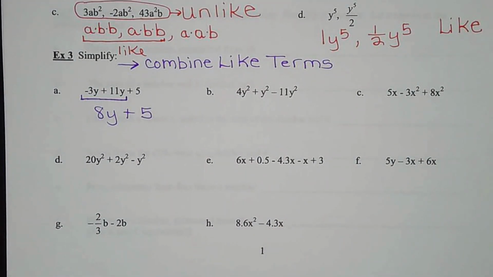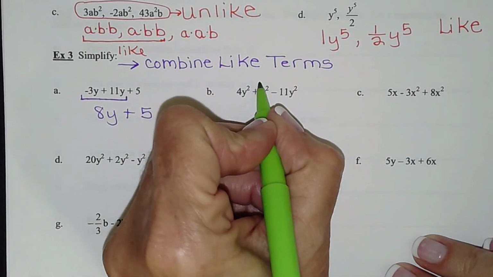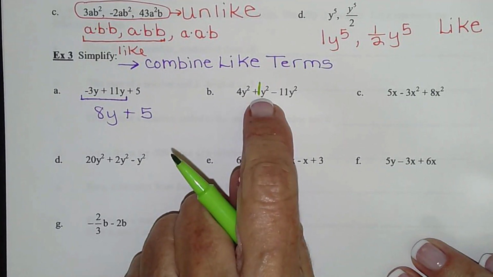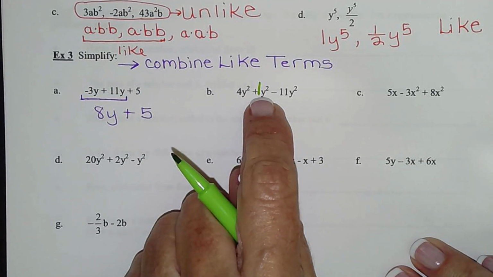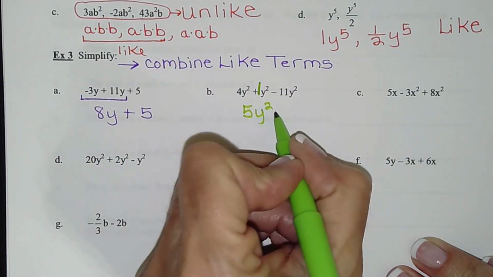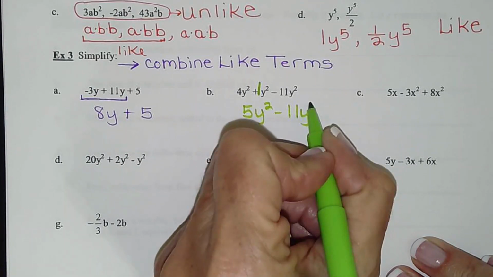For this one, we have 3 like terms, and they're all y squared, so I'm going to put my 1 in, and then I'm just going to go down the line. 4 plus 1 is 5y squared, minus 11y squared.